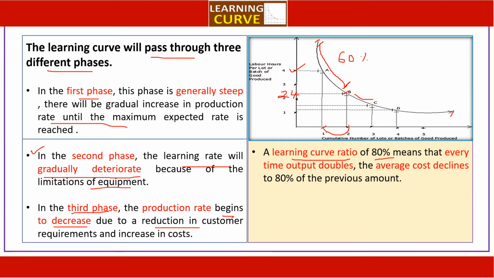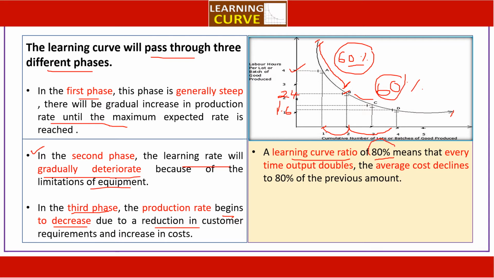Similarly, when it goes from 2 to 4, the average rate might come to say 1.5 or 1.6, and that ratio once again is say 60%. The logic is that every time the production gets doubled, there will be a certain percentage of saving in the average time, and in this case we say it is 60%.